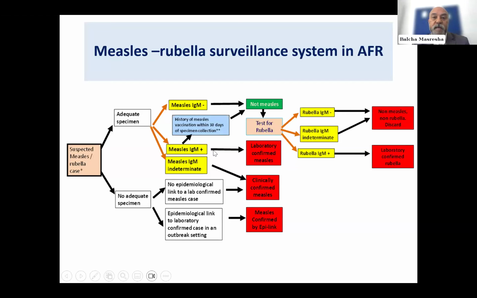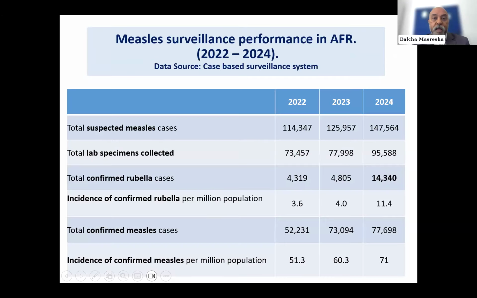But also many countries and laboratories are finding it very easy to run the tests in parallel. So we still use the suspected measles case definition, mainly for bringing cases into the system, but then we run the tests for measles and rubella at the same time.